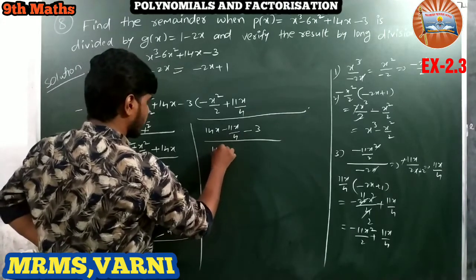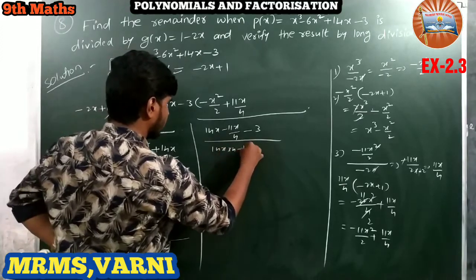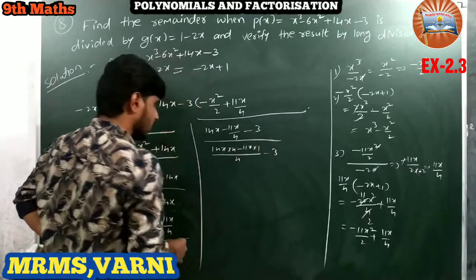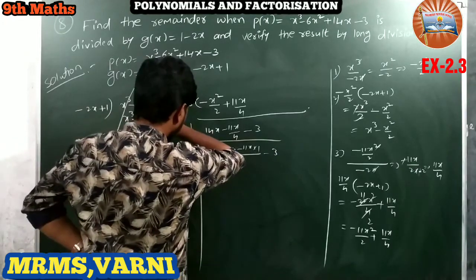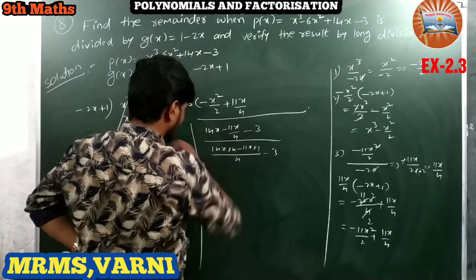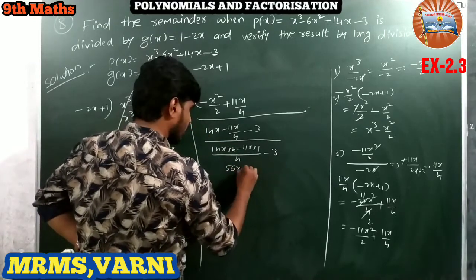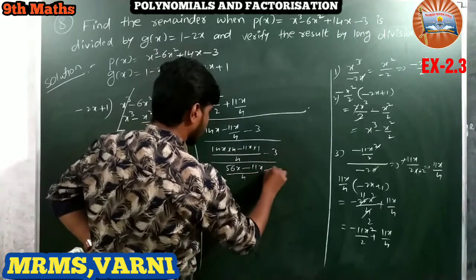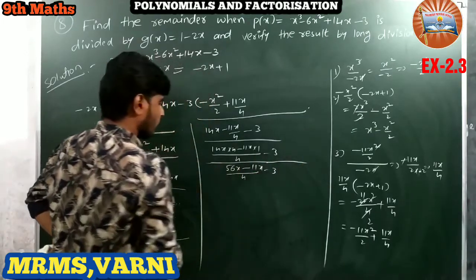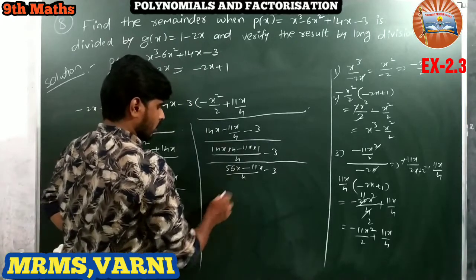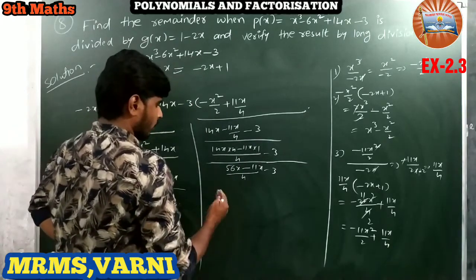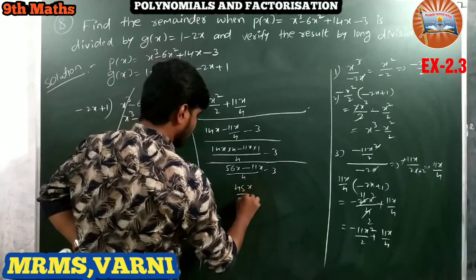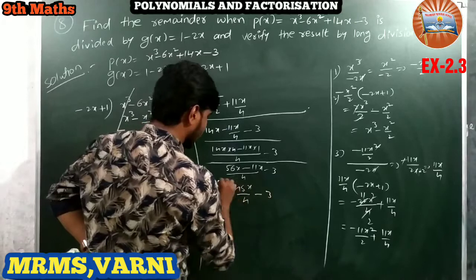Now we will just do multiplication: 14x into 4 minus 11x into 1 by 4 minus 3, as this 56x minus 11x by 4 minus 3. Okay, what becomes 56 minus 11, 45x by 4 minus 3.